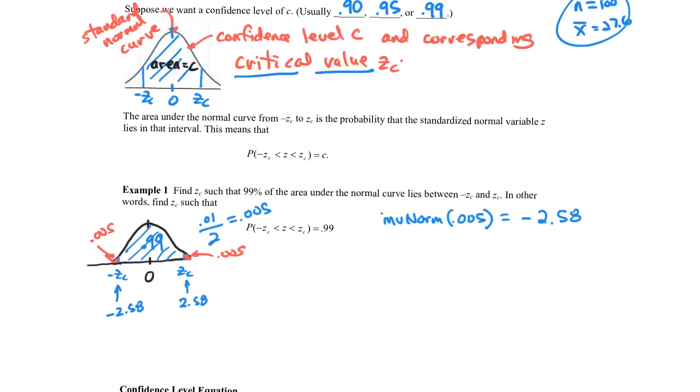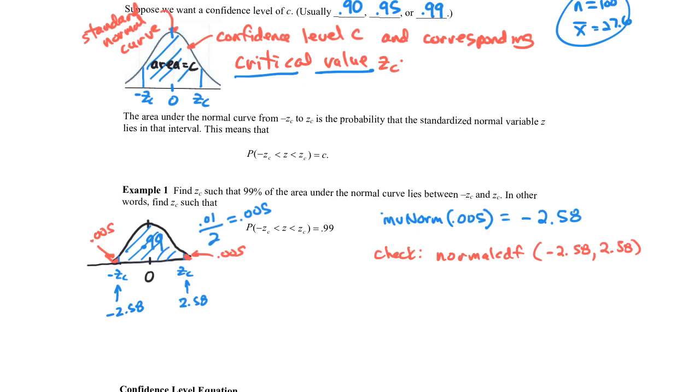And just to verify, let's check this real quick. What should we get if we do this? If I go normal CDF, negative 2.58, positive 2.58, just to verify even this statement, negative 2.58 to positive 2.58, I should get roughly 0.99.